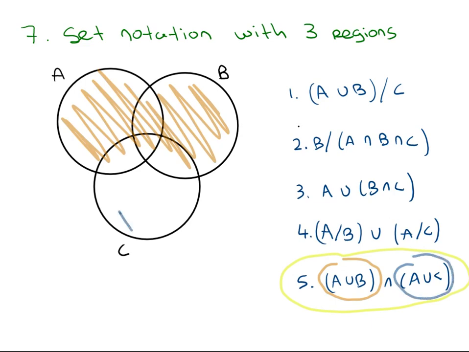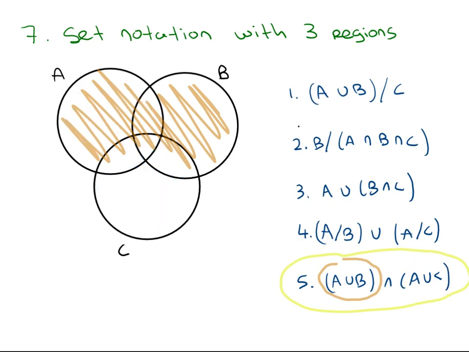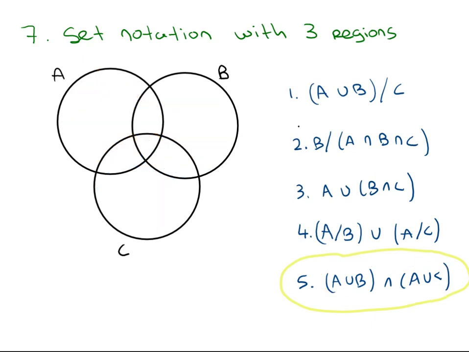Okay, A union C is all of C and all of this. So the intersection of them is going to be everything that overlaps, which is just all of A. So the intersection of them is just going to end up being all of the set A.